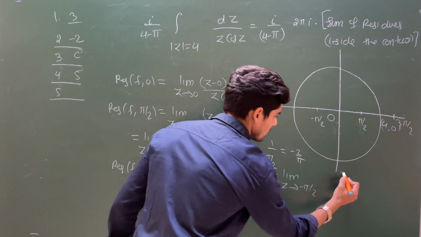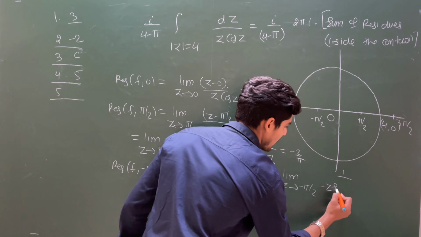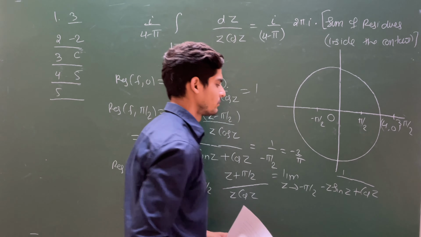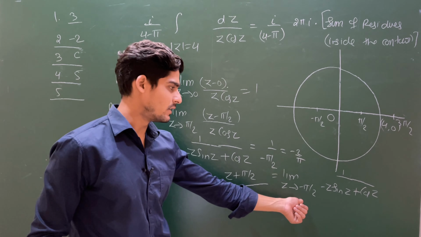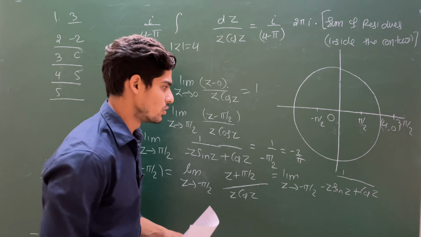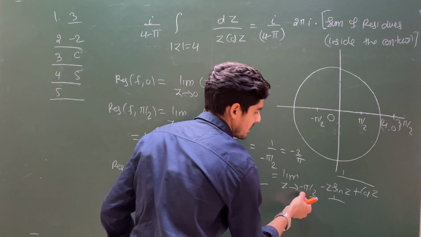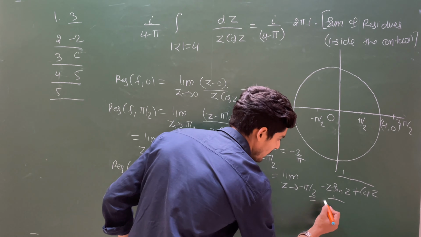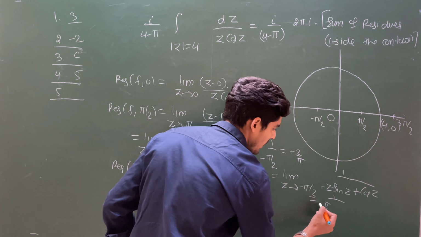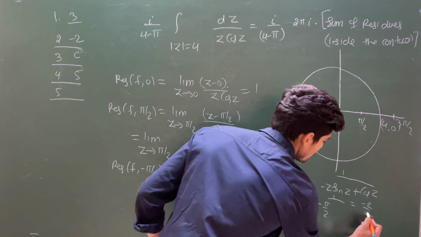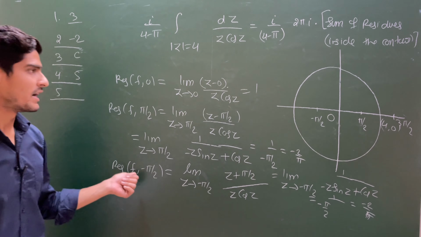You will have 1 upon minus z sin z plus cos z. If you put z equal to minus pi by 2, the cos part becomes 0. So you will have 1 upon minus z sin z. Z is minus pi by 2, but sine of minus pi by 2 is minus 1, so you have a minus. So minus 2 by pi. This is the residue at point minus pi by 2.